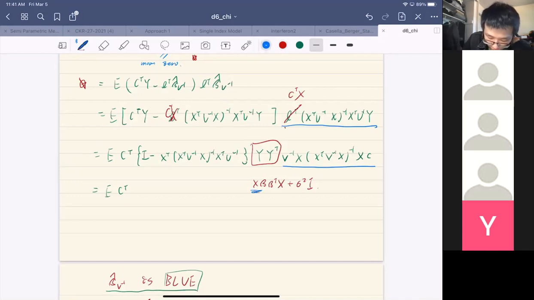This term is 5 needle, but this term is we have this and this.